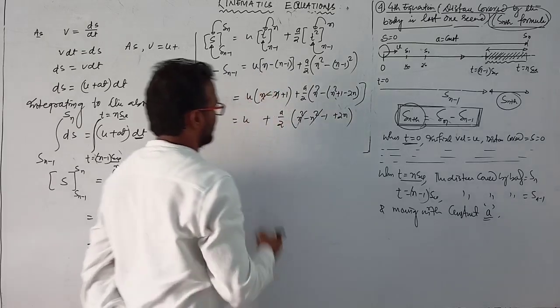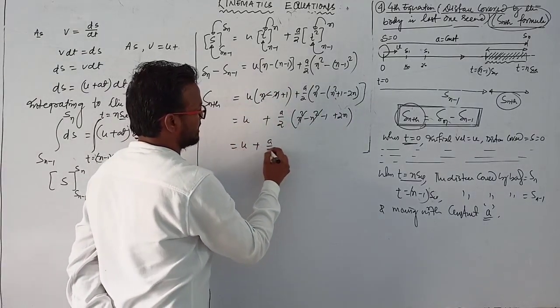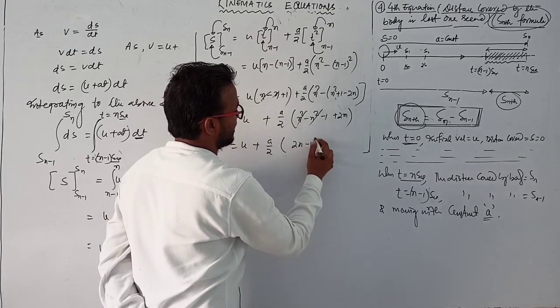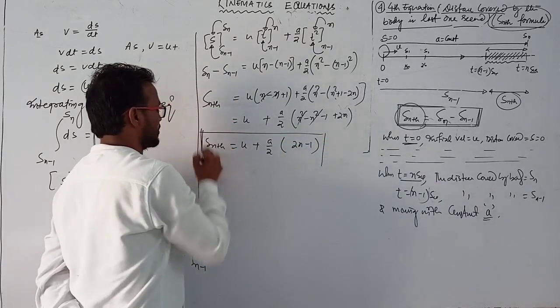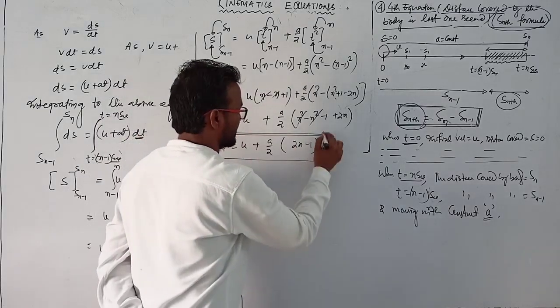Clear? So u remains, and n square cancels. The remaining part is 2n minus 1. Snth equal to u plus a by 2 times (2n minus 1). This is a very important formula for mechanics.